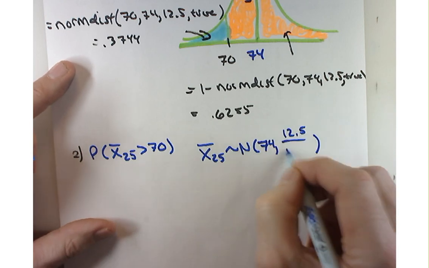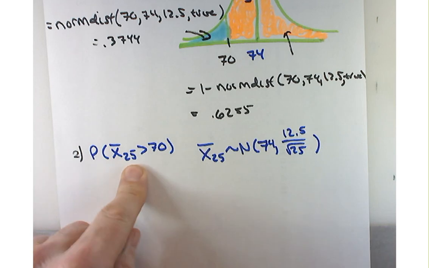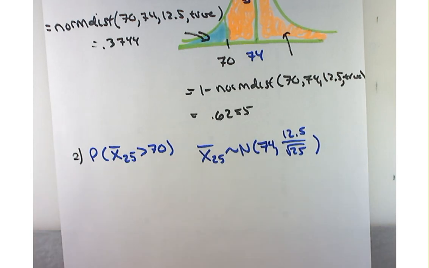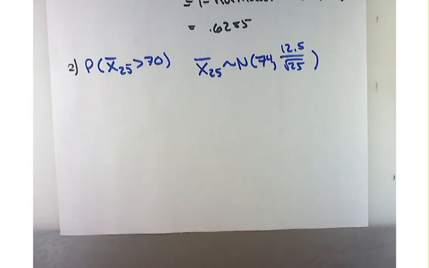Divided by the square root of 25. Divided by the square root of the sample size. That's the key thing here, is that by taking an average, you're less likely to get the extremes. It's shrinking your standard deviation. So we're going to repeat our calculation with this new distribution. So let me draw that.